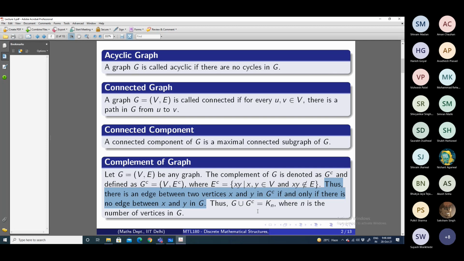So if you take G intersection G complement, that will be just the discrete n vertices. That's all.